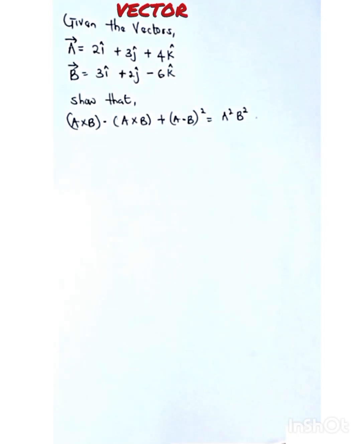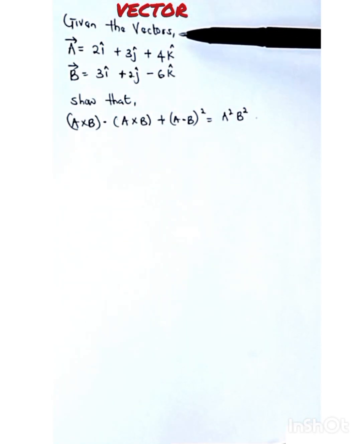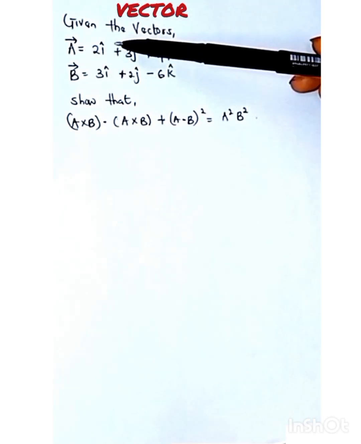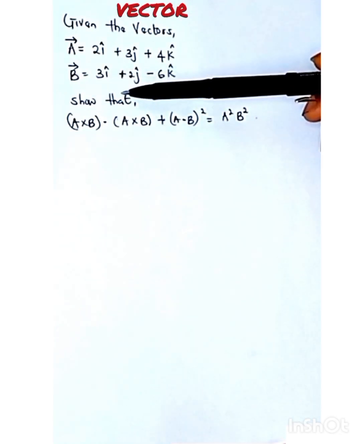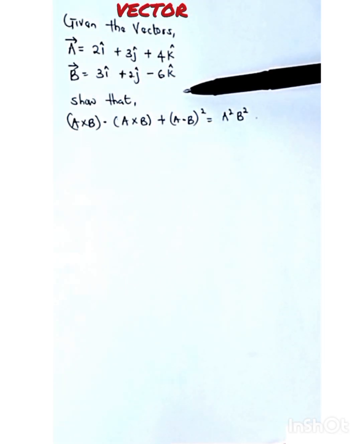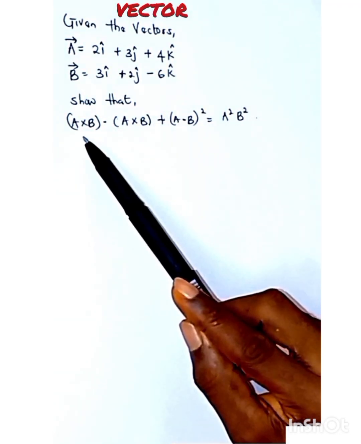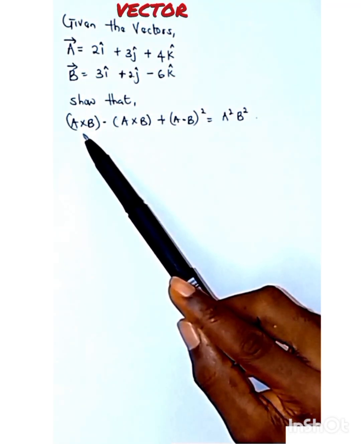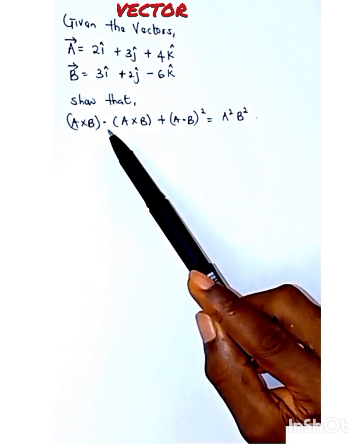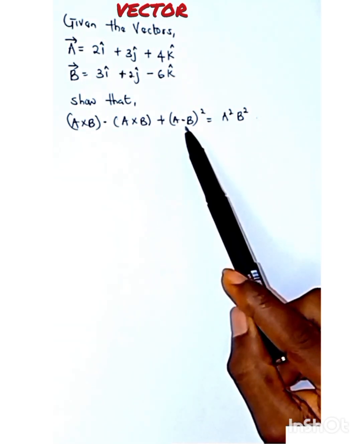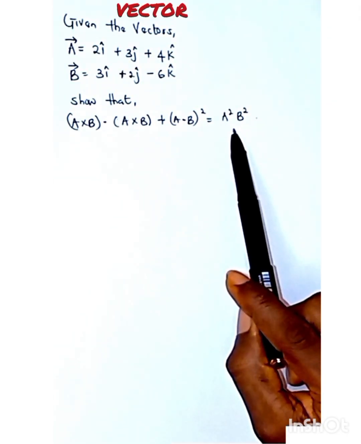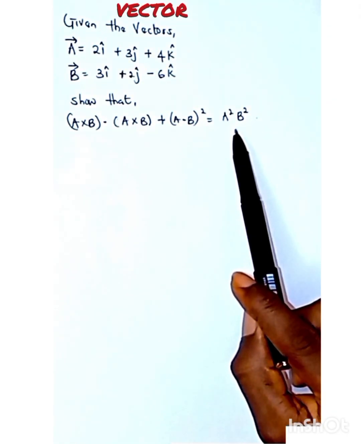Hello everyone, welcome to class today. Today we have a problem of vectors which says: given the vectors A = 2i + 3j + 4k and B = 3i + 2j - 6k, show that the cross product multiplied by the dot product of the cross product plus the square of the dot product is equal to the square of the vectors multiplying themselves.